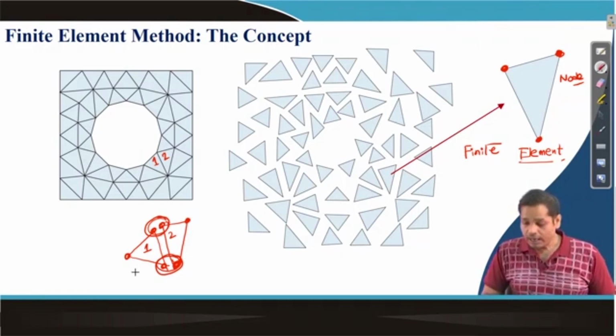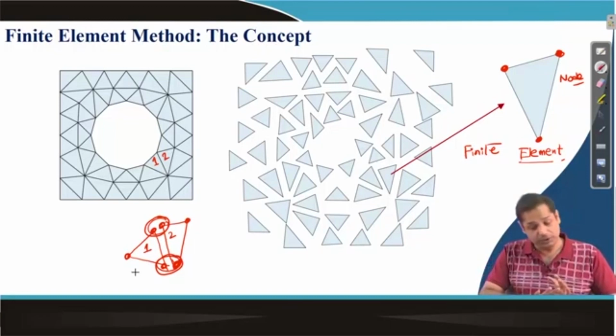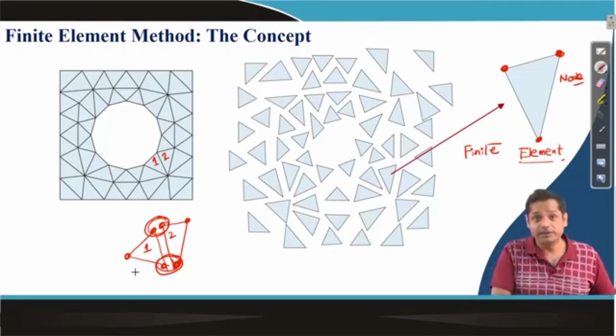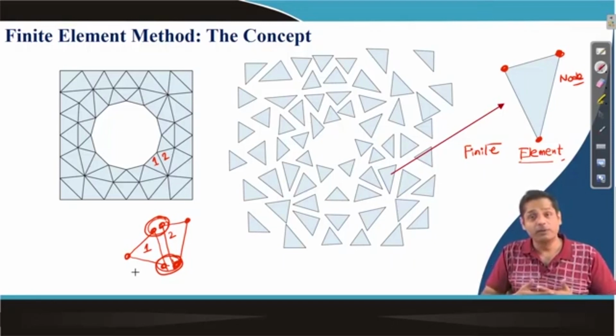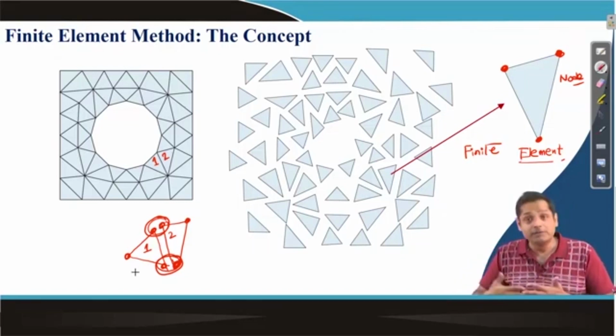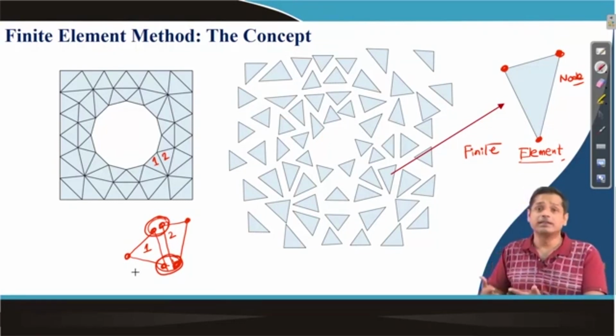Once we write the governing equations for all these triangular elements, the next step, as in the previous example where we assembled all the line segments to get the perimeter, is that here also we need to assemble the information of these elements to get the equations for the entire system. And once we have the equation for the entire system, then it is to be solved.